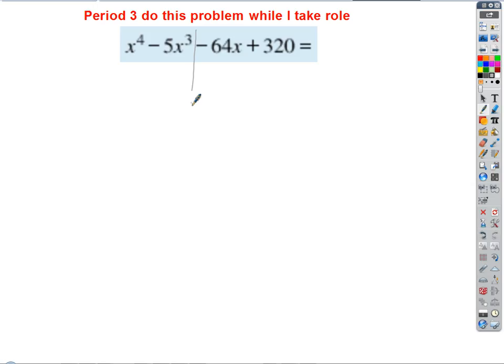Okay, so first group, what's going to be the greatest common factor there? What's the biggest thing I could divide out of both of those? X cubed. Okay, good. And then what are we left with? If I divide both terms by x cubed, x to the fourth over x cubed is what?